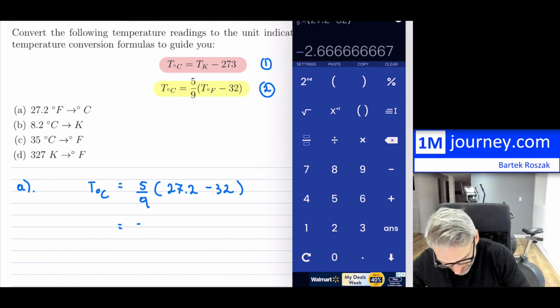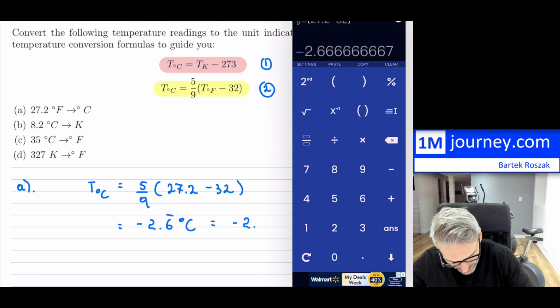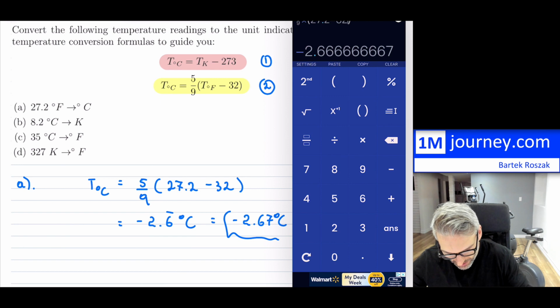This is going to be negative 2.6 degrees Celsius. If you want to keep the same number of significant figures, we would keep 3, so this would be negative 2.67 degrees Celsius. So that's part A.